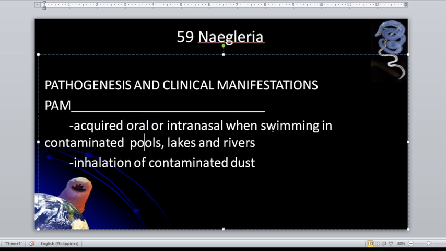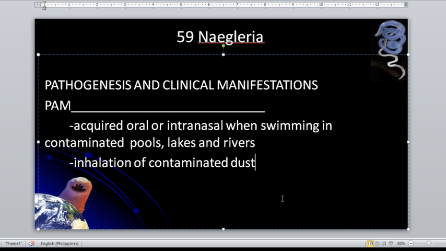So, acquired orally or intranasally when swimming in contaminated pools, lakes, and rivers, as well as inhalation of contaminated dust containing the trophozoite. So you can still acquire Naegleria fowleri through this mode of transmission.